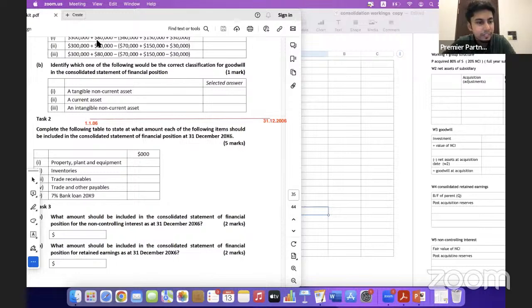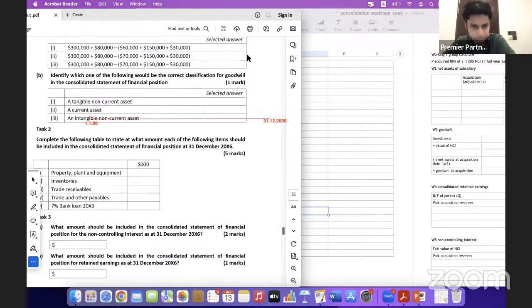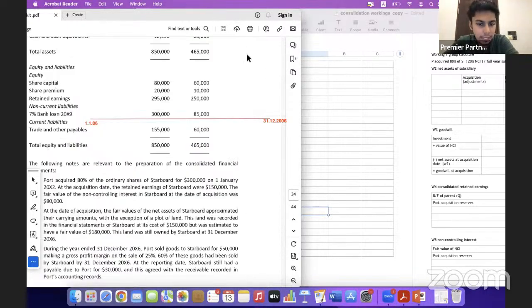Now, in the paragraph that we read earlier, it said that Port acquired Starboard on 1st of January 2002, meaning they acquired way before this. If the subsidiary has been bought either on this day or before this, then the question is straightforward. Nothing to worry about. If the subsidiary has been bought at the start of the year or maybe before that, then not a problem. So in this question, they were bought in 2002, so you don't have to worry about anything.